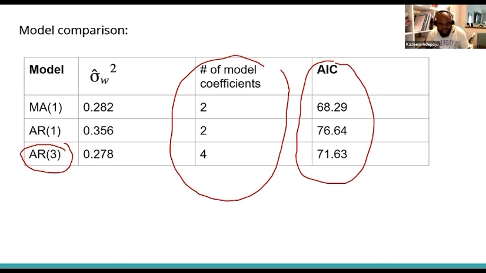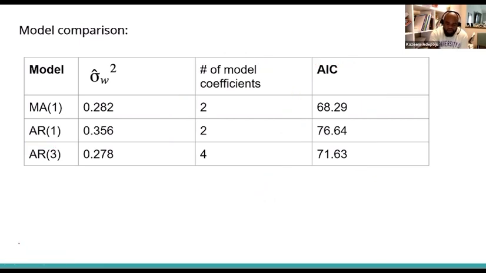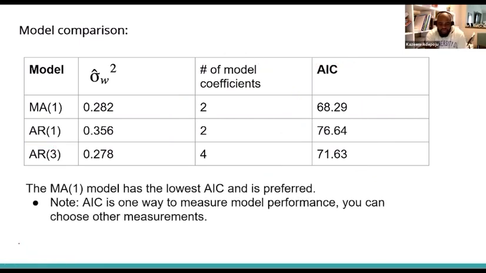If I'm using the moving average model, I believe I will be able to predict the current value by taking into consideration the current white noise and the past white noises. That is what that means. Based on this, we're choosing the MA of order 1, which has the lowest AIC.